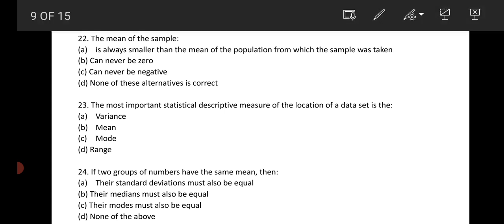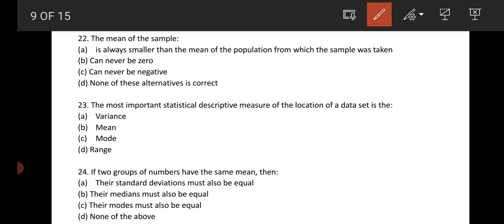Next question, the mean of the sample. Option A says it is always smaller than the mean of the population from which the sample has been taken. Option B says it can never be 0, and option C says it can never be negative.